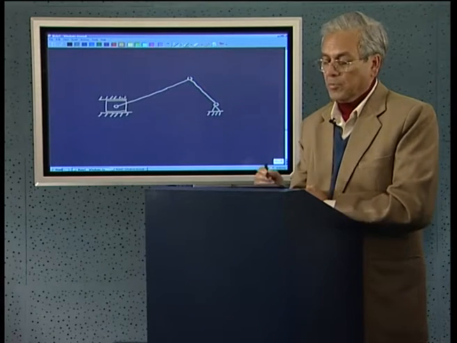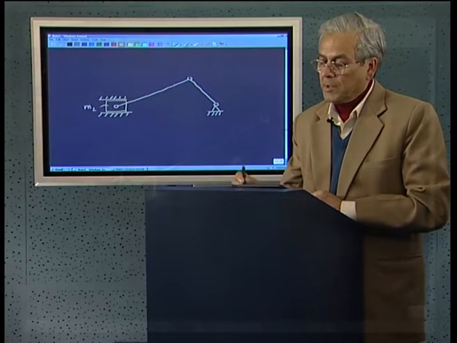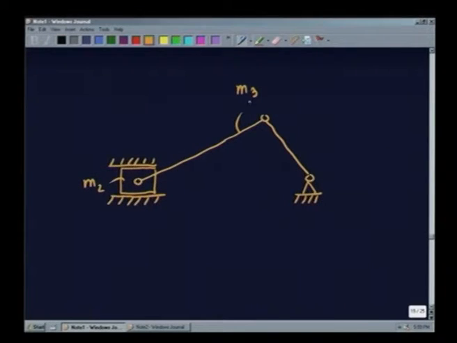How do you find it out? The mass of this is given as m2, the mass of this is given as m3, the center of mass of this is c3, and the moment of inertia about an axis passing through the center of mass for the third body, or coupler, is IC. Of course, I will not need that now. This can also be given some mass and some moment of inertia.